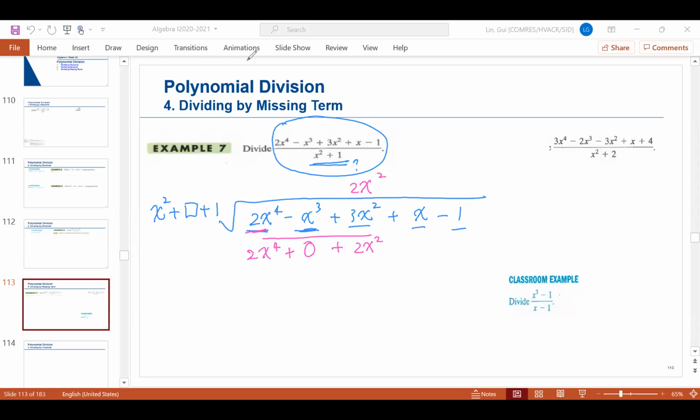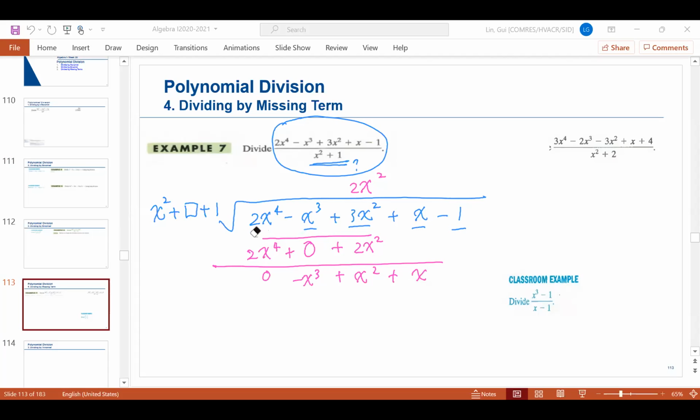All right, so what's next? Top minus bottom. So you got 0 here, and here a negative x power 3. What about this one? You get a positive x squared, right? All right, so here we have 2 terms, here are 3 terms. We get another term from the top part and copy one more down.